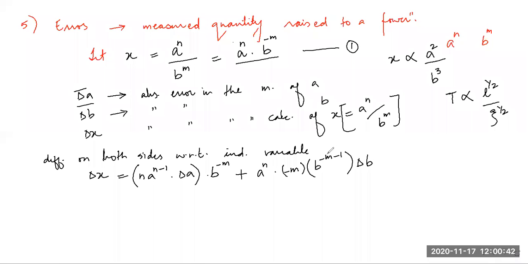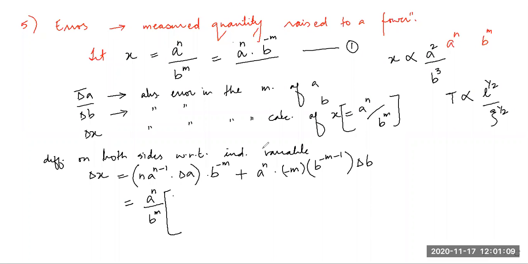Once I have done this, since I want to have x here, and x is a raised to power n divided by b raised to power m, I will divide this whole thing by that constant.